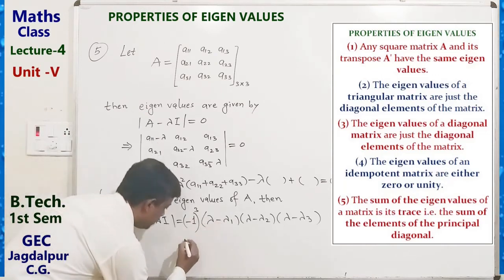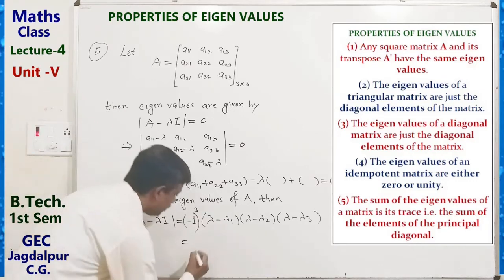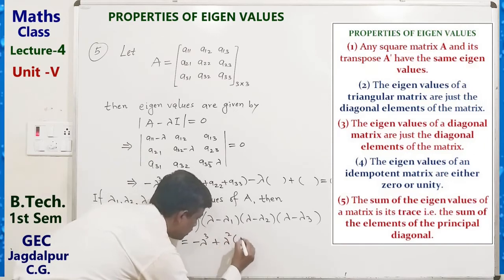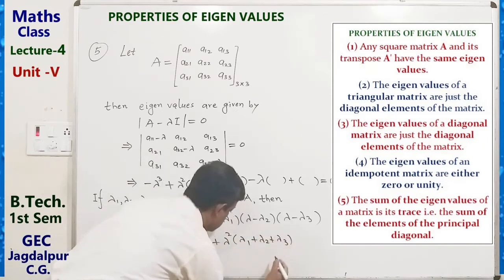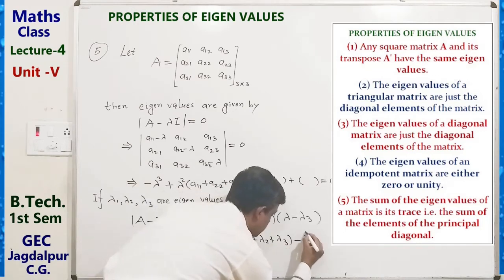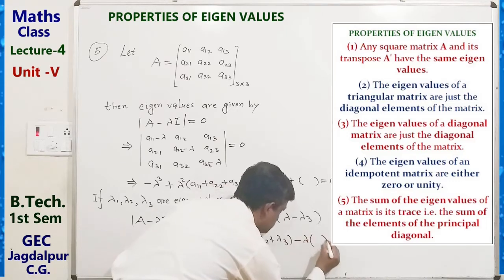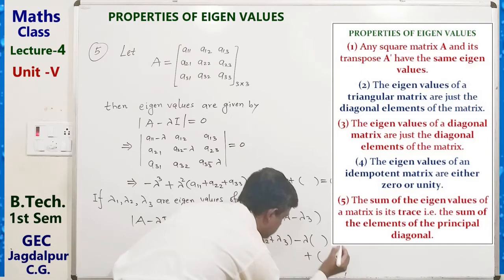It can also be expressed how? Minus lambda cube plus lambda square times lambda 1 plus lambda 2 plus lambda 3, minus lambda times a coefficient, plus a constant.